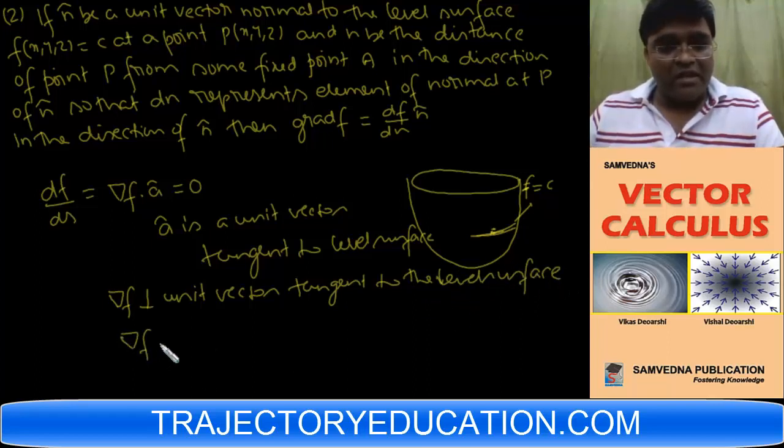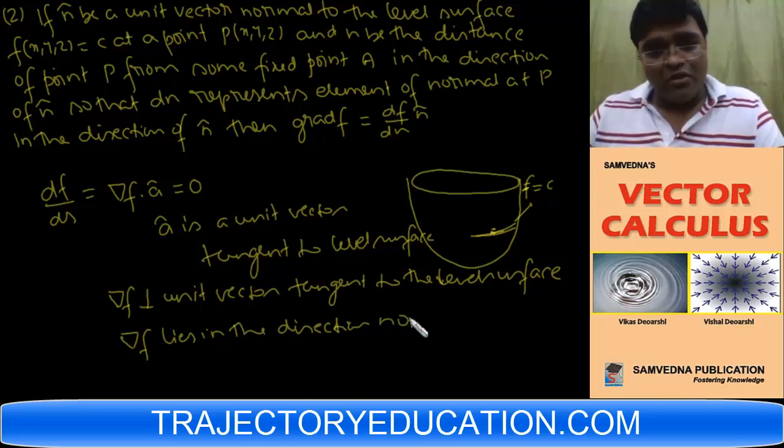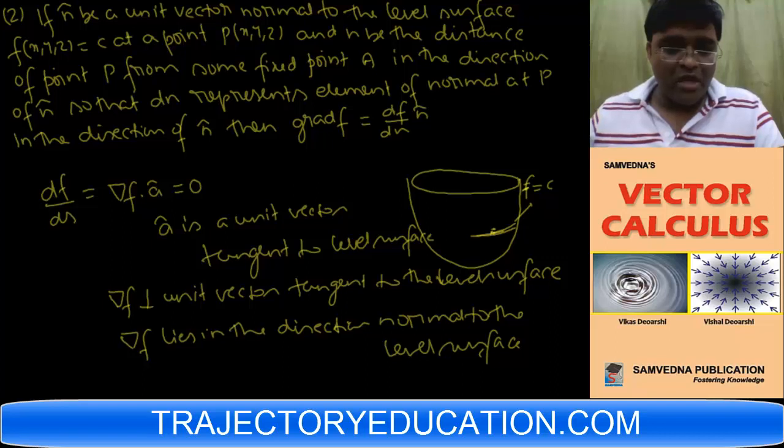It means del f lies in the direction normal to the level surface. Since it is perpendicular to the unit tangent vector, I can say del f lies in the direction normal to the level surface.